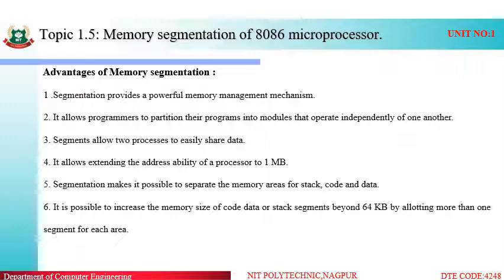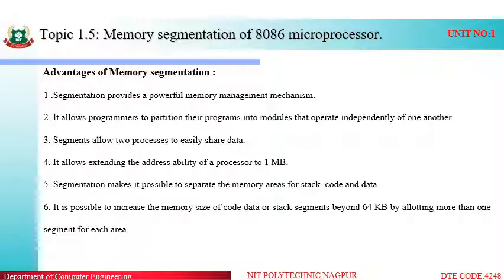It allows the programmers to partition their program into modules that operate independently of one another. It allows two processes to easily share data. It allows extending the addressability of the processor to 1 megabyte. We can use either the total 1 megabyte of data or a small part of it.